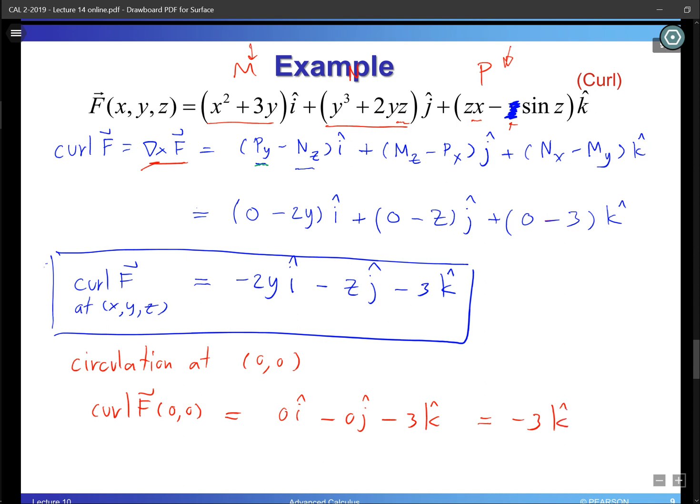And as you can see, the sign right here, negative, means that the circulation is going to spin in clockwise direction. Clockwise circulation.